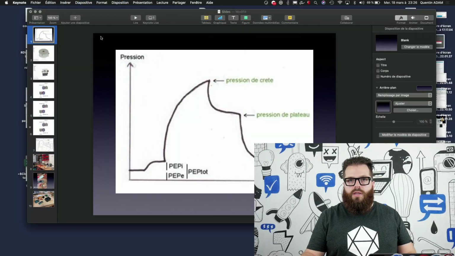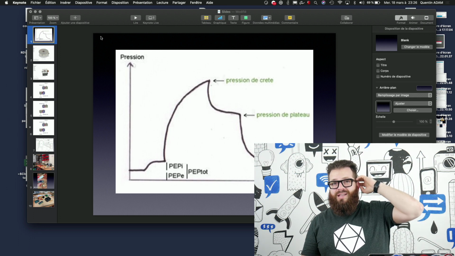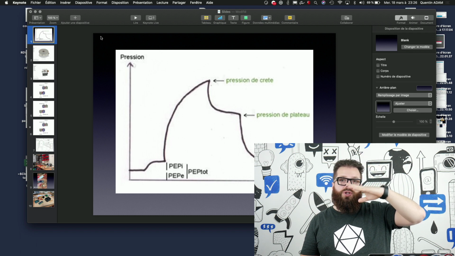So basically, it's an open circuit, and what you need to manage is what we call the pressure. When you inflate the lungs, you have this graph, and this graph means that you put a lot of pressure in the lungs, then you stop. This is called pression de crête in French, which is peak pressure, and plateau, which is stable pressure.